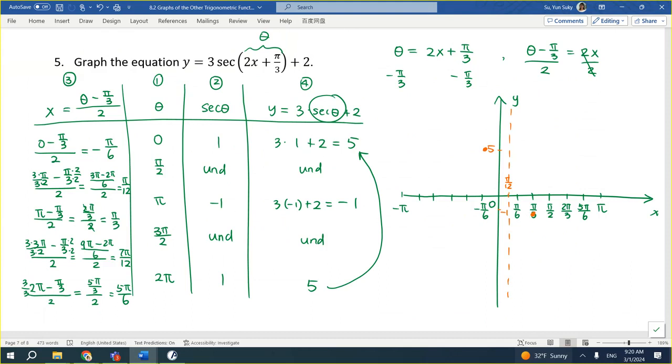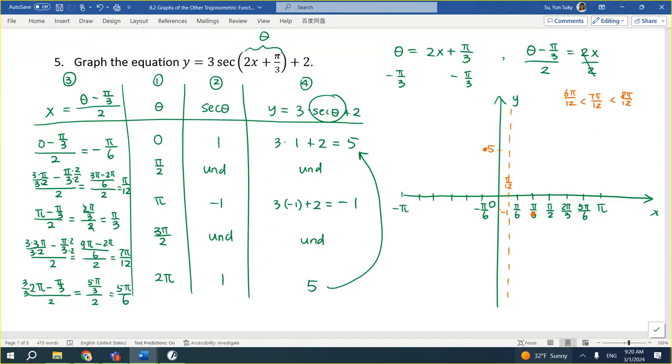Exactly. Or you can think of the denominator. This one is between 6 pi over 12 and 8 pi over 12. Yes, 7 is between 6 and 8.